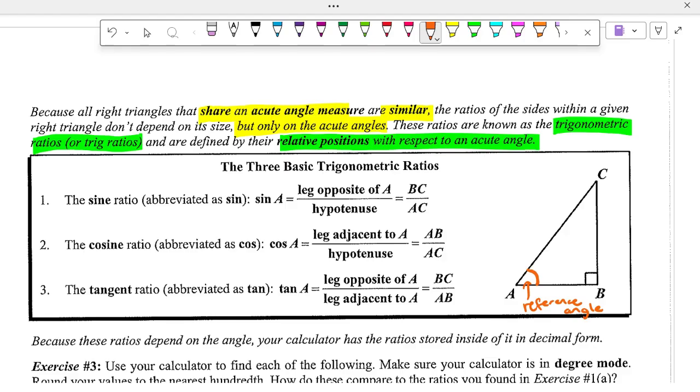Now, occasionally you will see this as theta. Theta is the mathematical symbol to represent an angle. So if you see this sign, this is called theta, and all it does is represent an angle. It's the Greek letter theta.